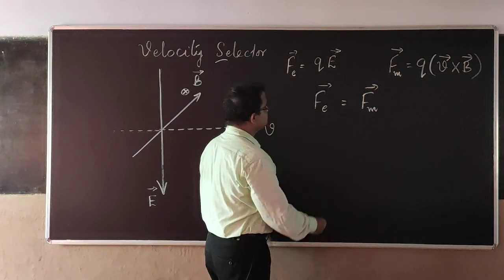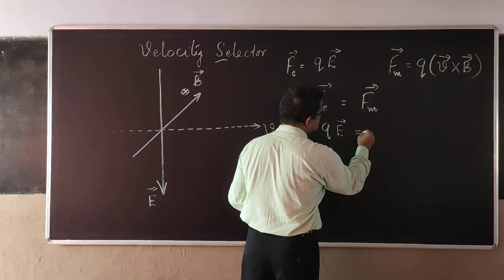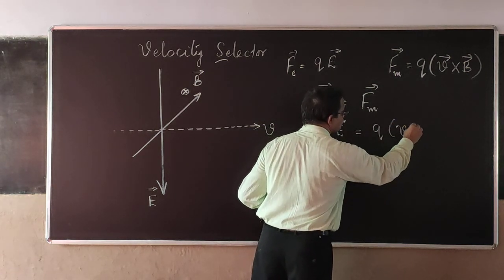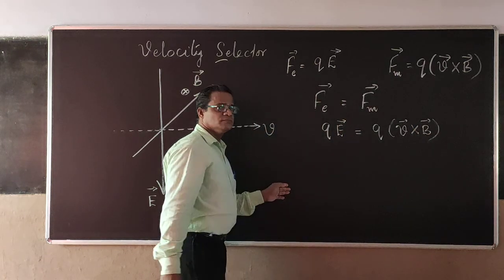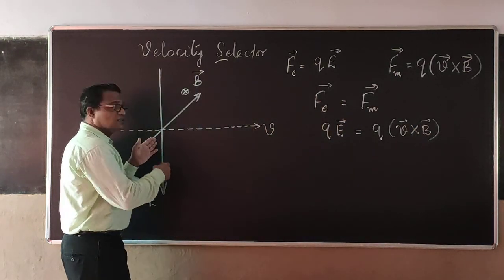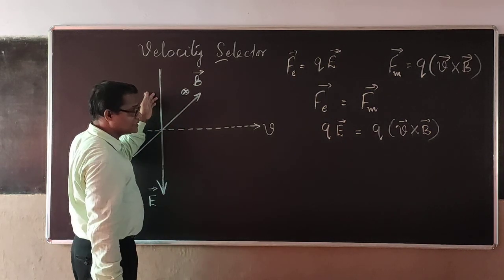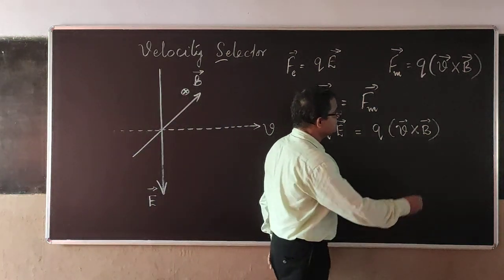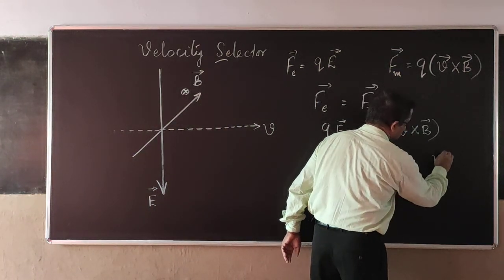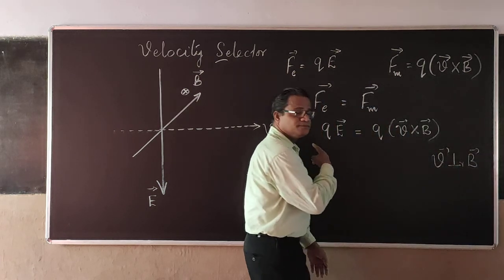Now, using this condition, we can have qE equal to q into v cross B. This is the formula. But you can see here the speed of entry and the direction of the magnetic field are perpendicular to each other. That means v and B are perpendicular in this case.